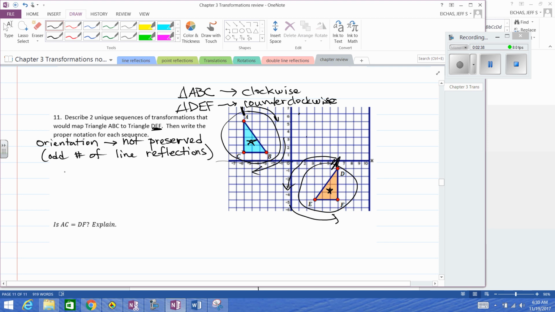Okay, so let's start with this. The first one that I have to write: let's reflect over the y-axis to map triangle ABC to triangle A prime, B prime, C prime.